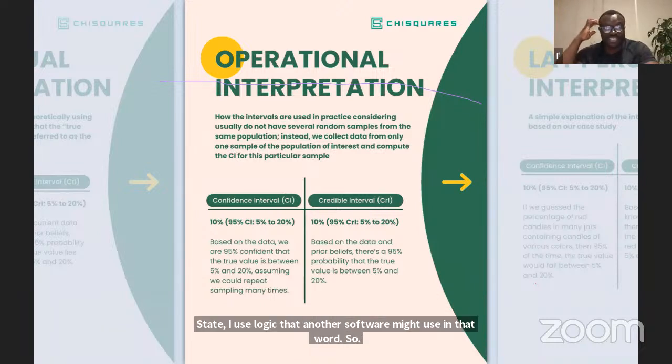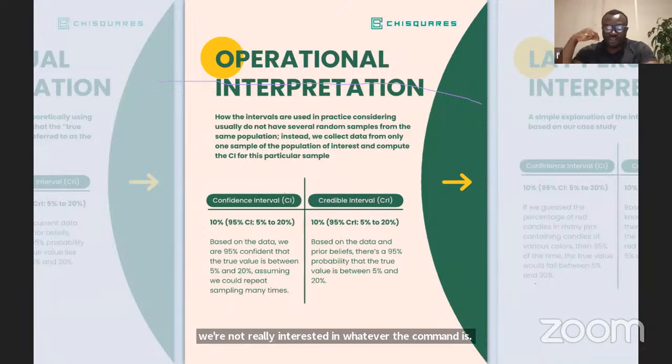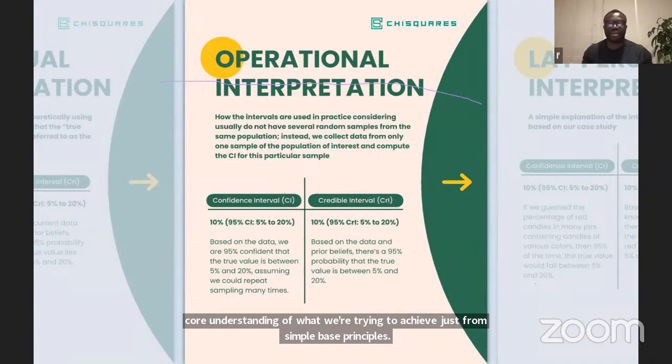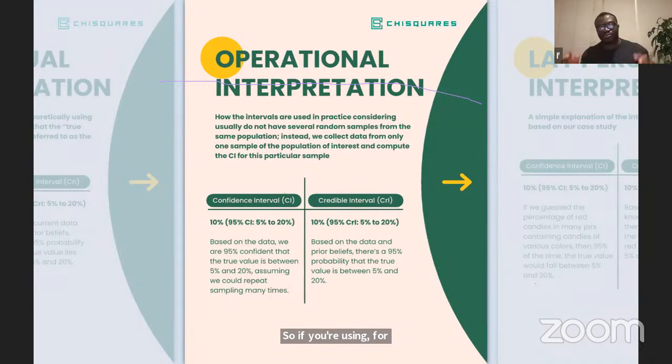What we're really emphasizing is a core understanding of what we're trying to achieve, from simple base principles. If you're using, for example, R, R's code will require a syntax, and part of the syntax is binomial there. The point is not so much on how one programming language frames it or the other frames it, but on what this model even means.